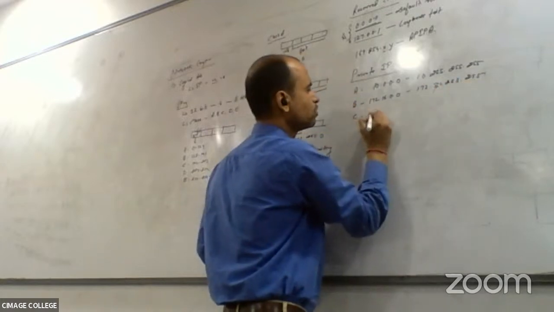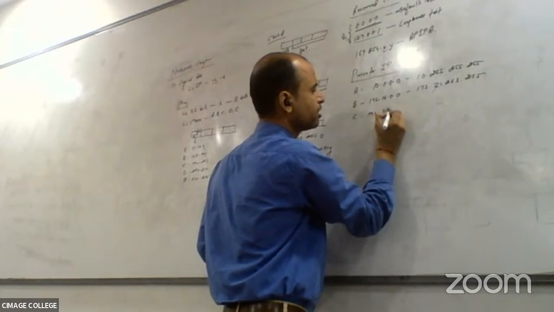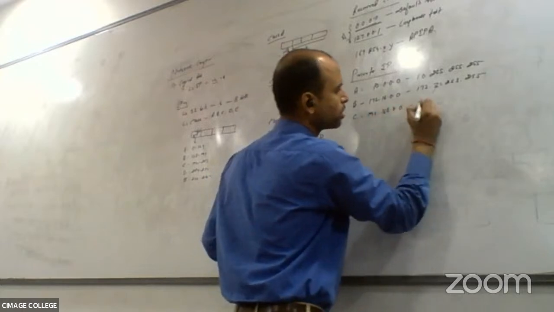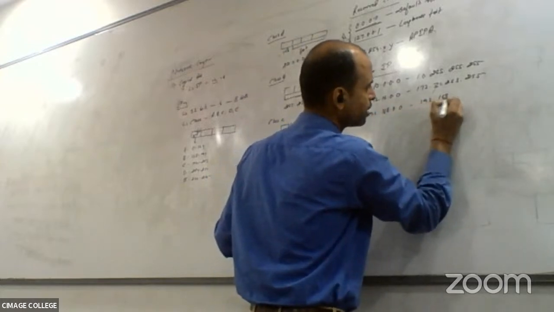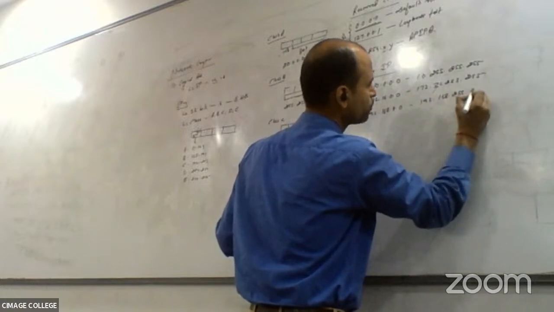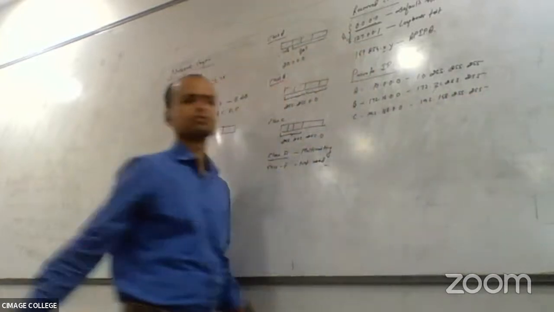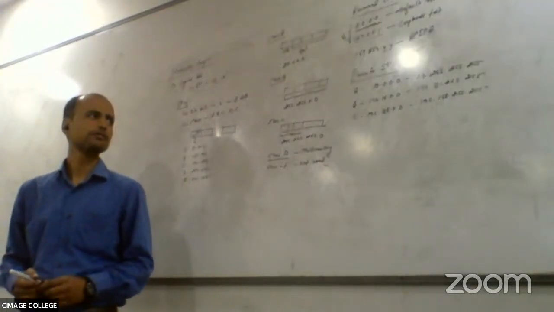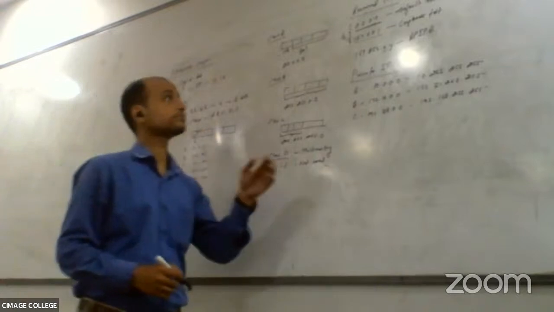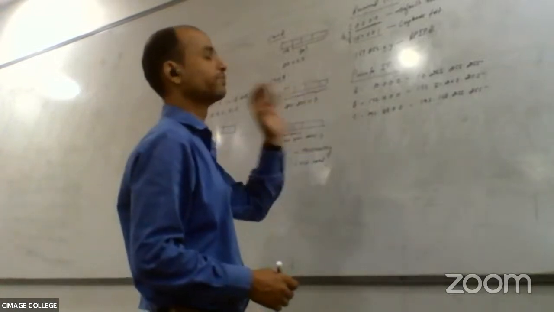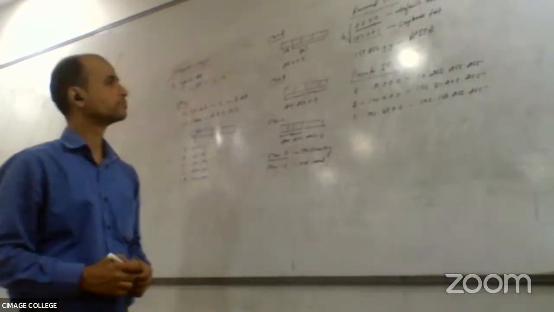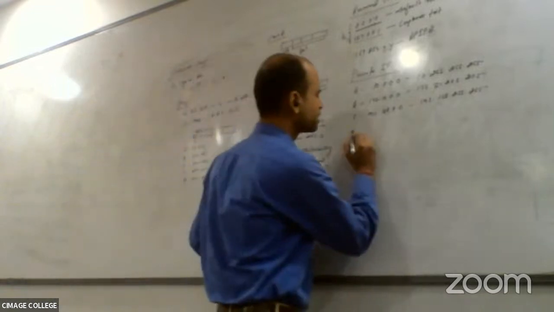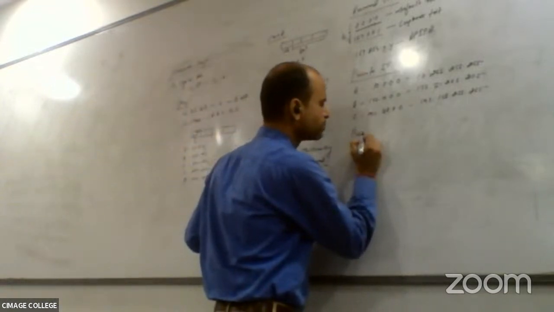And in class C, 192.168.0.0 to 192.168.255.255. Correct? Okay, fine. Now this is reserved, this is private, and the rest of all IP addresses are public IP addresses.